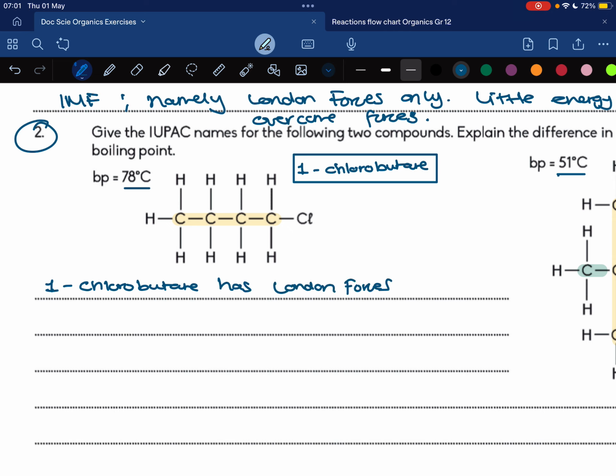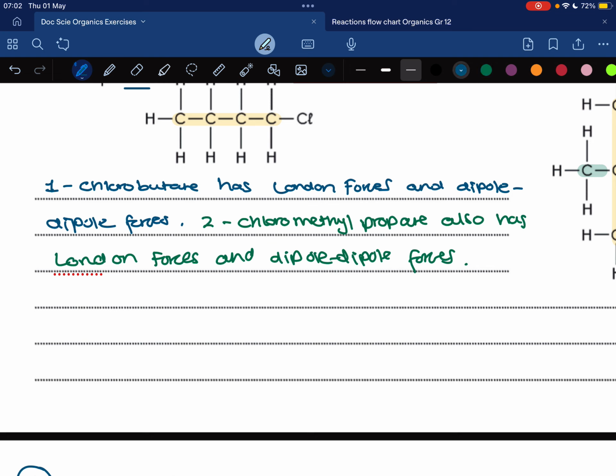So now we ask ourselves, well, they both have the exact same IMF. So obviously they have to differ in another way because they are the same functional group, so they have the same IMF. So we continue.